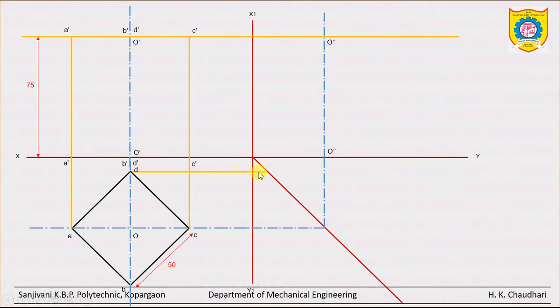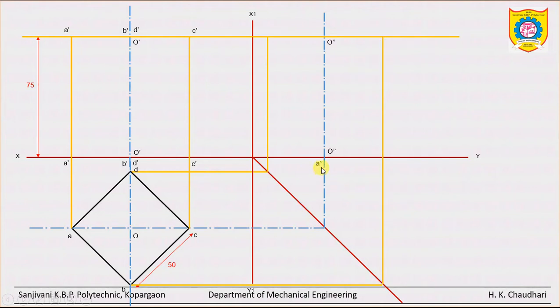Now draw the projections from point D. Already we have taken from A and C. Clear? So turn this projection into the side view. Then from B also draw a horizontal projection and then turn it into the LHS view.